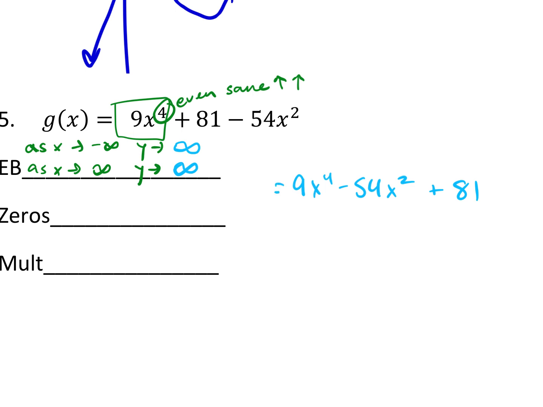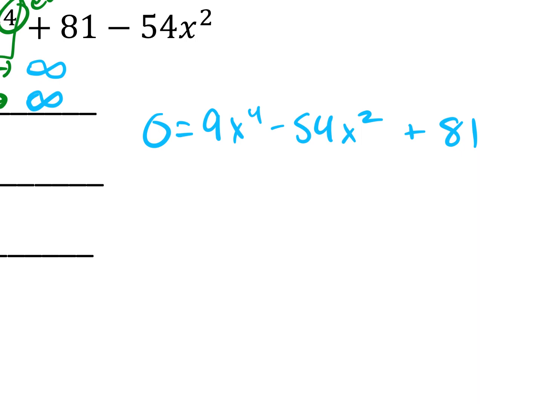Any recommendations on what we can do first? Take out a GCF. So we're going to divide out the 9. So we're left with x to the 4th power minus 6x squared plus 9.